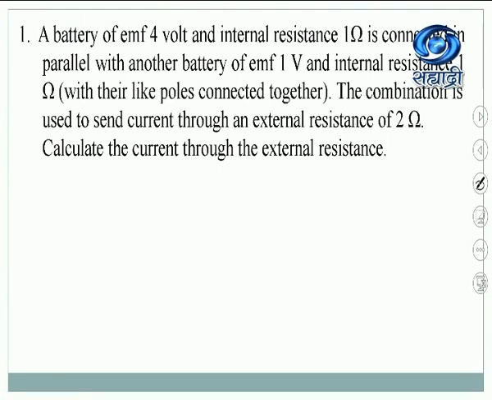What is given? A battery having EMF 4 volt, internal resistance 1 ohm. It is connected in parallel with another battery having EMF 1 volt and internal resistance 1 ohm. How are they connected? With their like poles together.